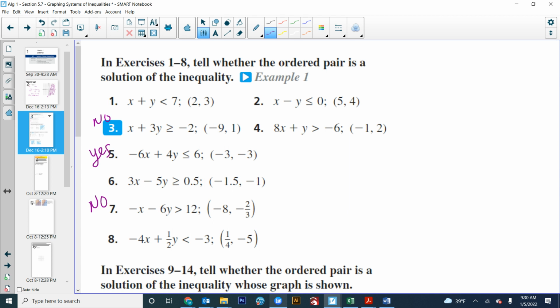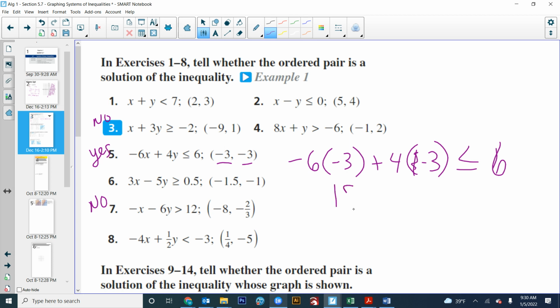5? Okay. So I'm going to write, both my x and y are -3. So, guys, you have to write this out like this. This should be on your paper somewhere. Okay, what's -6 times -3? Positive 18, right?